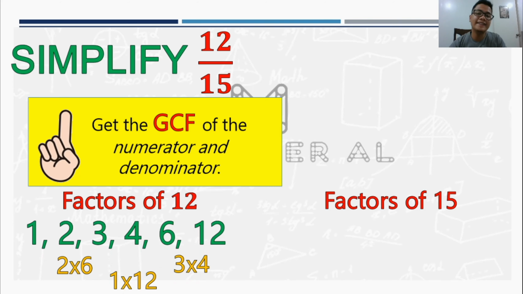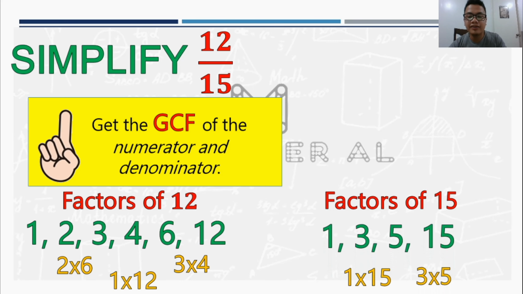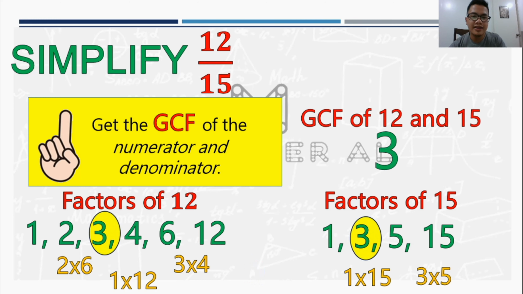How about factors of 15? What do you have there? 1 times 15, 3 times 5, and therefore, the factors are 1, 3, 5, and 15. Now, 3 seconds. Look for the greatest common factor. 1, 2, and 3. So there we have it. Our GCF is 3.